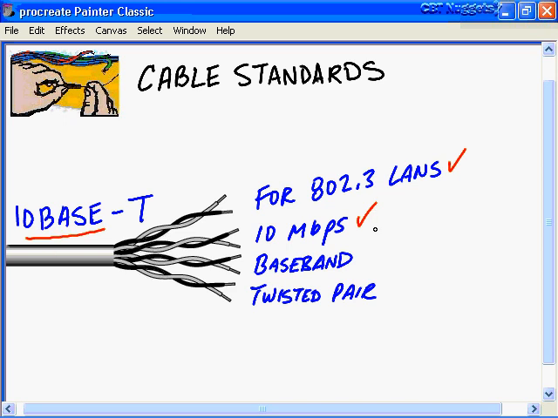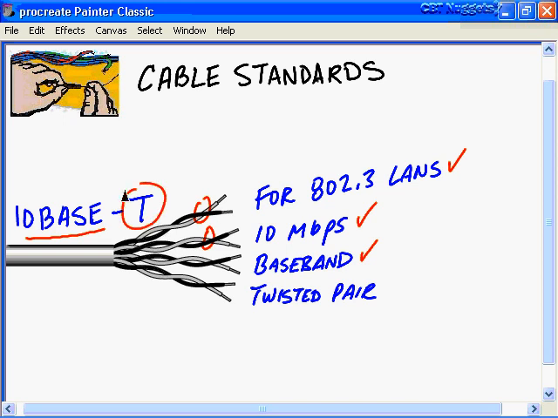Base is baseband transmission, which I defined for you earlier. That means only one Ethernet signal is going to be present on the send or receive pair of wires. In other words, no multiplexing like you get with a broadband transmission.